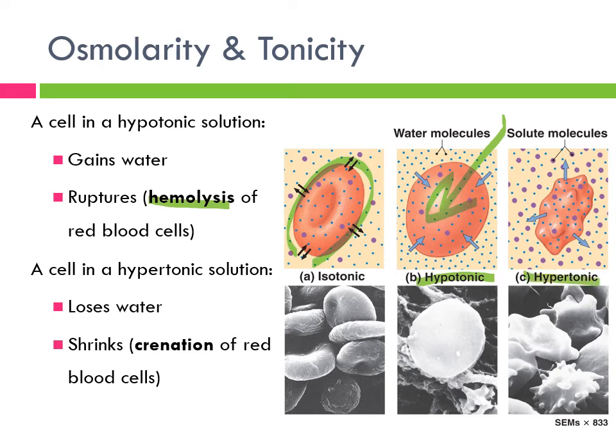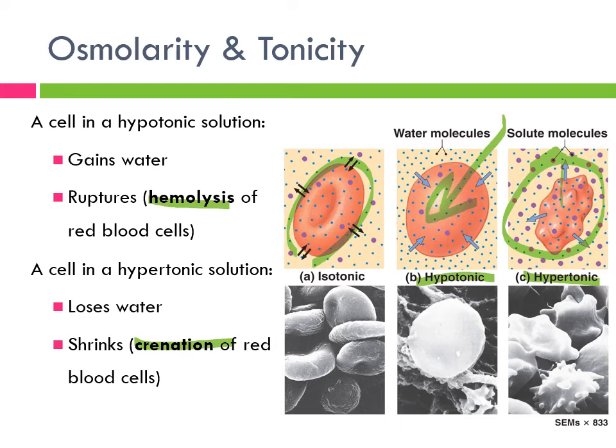In a hypertonic solution, we have a lot more solutes outside the cell, fewer solutes inside the cell, so the water is going to want to leave the cell to dilute the solution, and then the cell is going to undergo what's called crenation, which is the shrinking or shriveling of a red blood cell. When you rupture a red blood cell, it can no longer function.